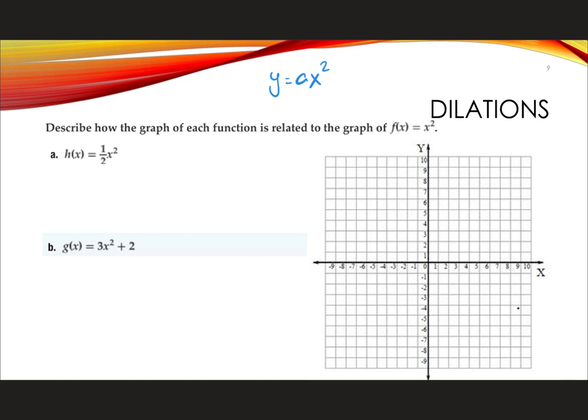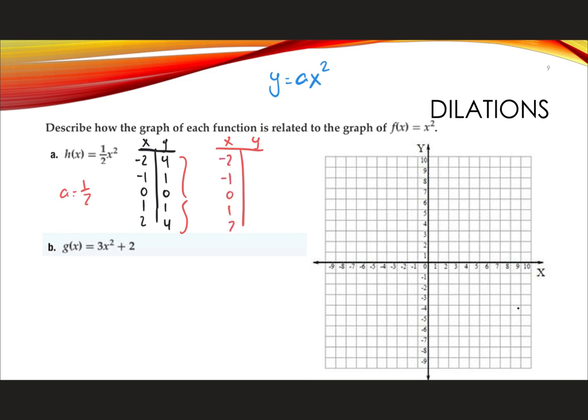And as we look at this first equation, we have a is equal to 1/2. So we're going to apply to our y coordinates only. So the x coordinates, just copy and paste. Multiplying our y coordinates by 1/2, or divide everything by 2. So 4 divided by 2 is 2. And then we have 1/2, 0, 1/2, and 2.